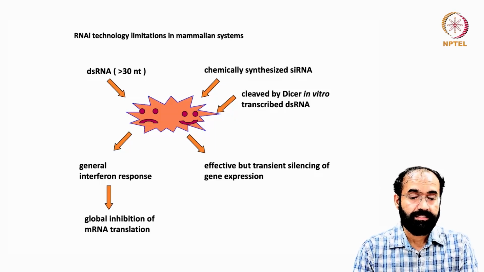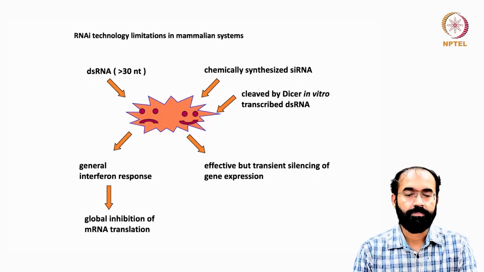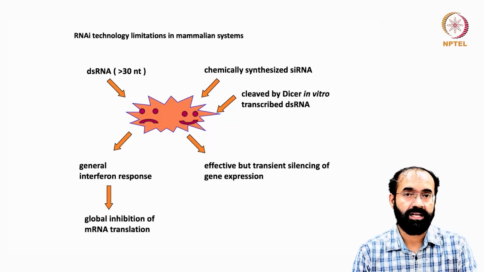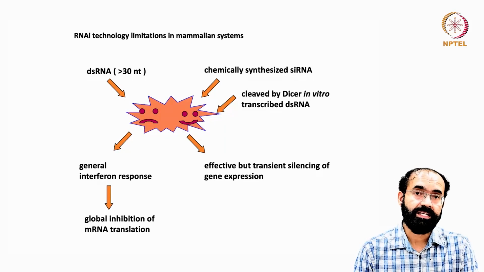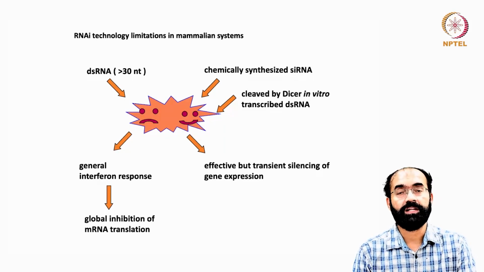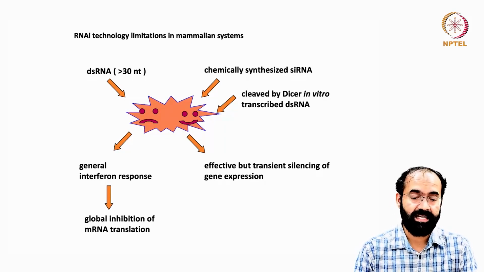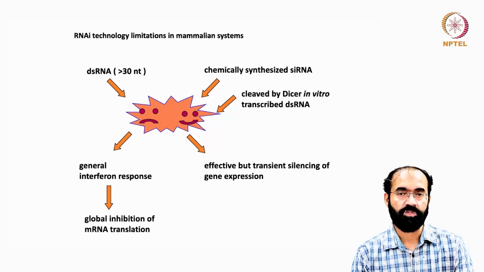And if this double-stranded RNA is more than 30 nucleotides long, it can follow two major directions. One is, if the double-stranded RNA is longer than 30, then it can create a general interferon response.